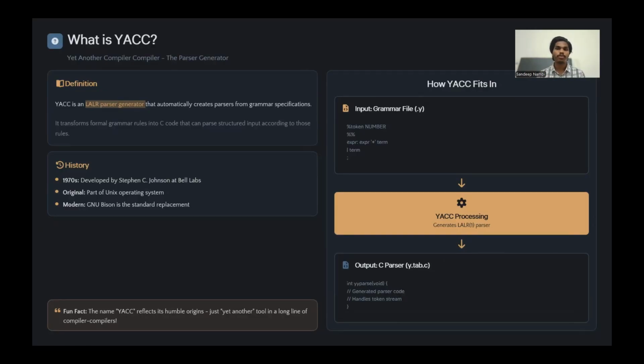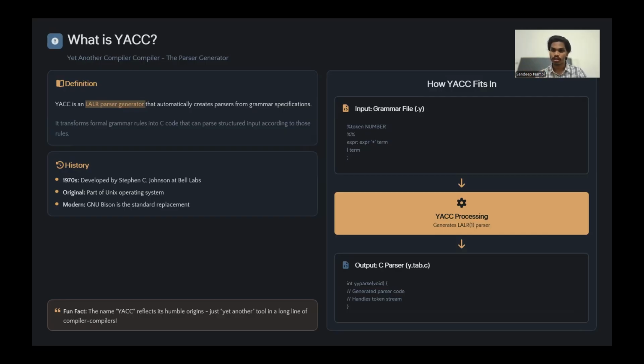Let us understand how YACC fits in. How does YACC actually fit into the development process? We start by writing a grammar specification file with a .y extension. This file contains your grammar rules, token declarations, and optional C code. You then run the YACC command on this file.